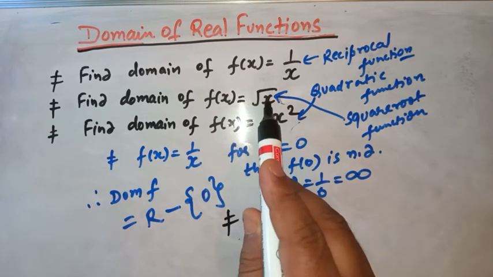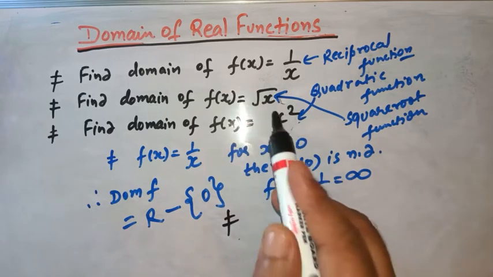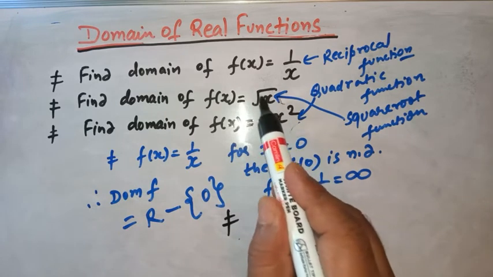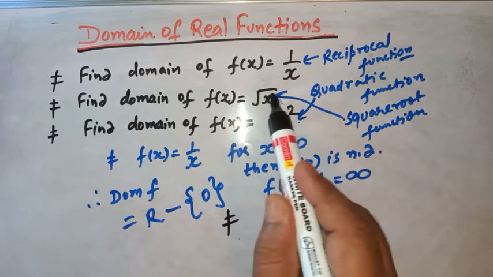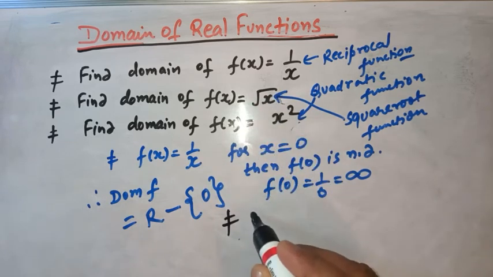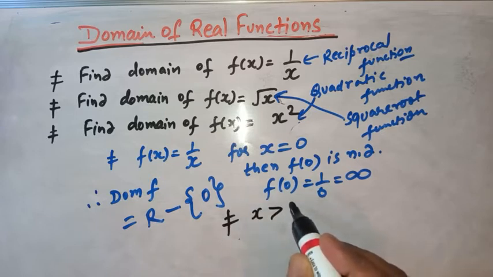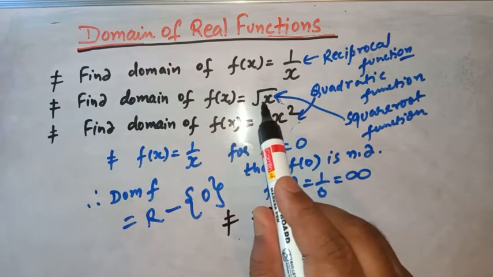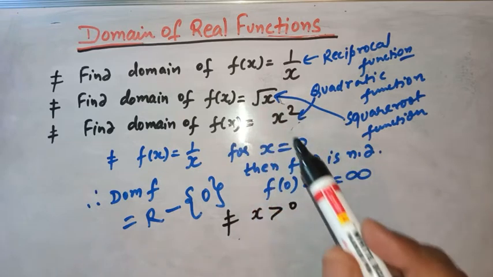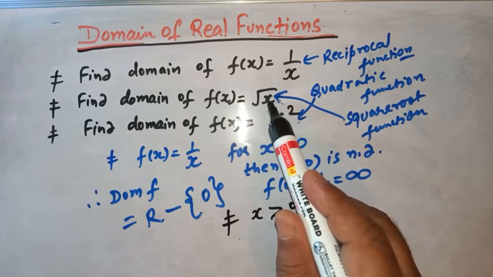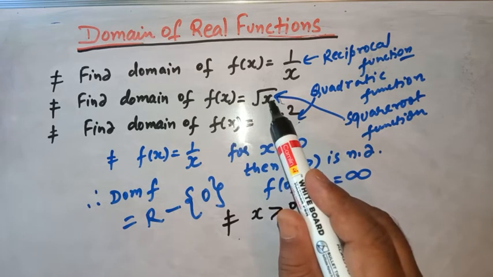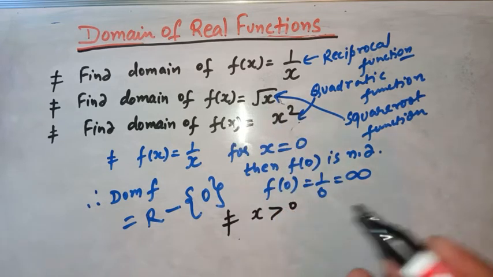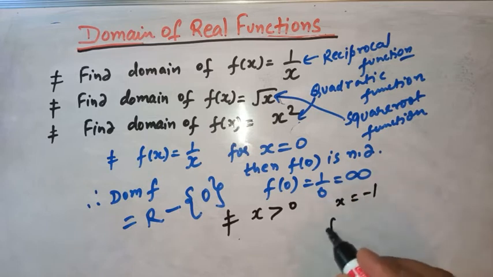Now this is the square root function. So obviously we have x inside this square root sign, so x must be greater than or equal to 0. Clear? Inside the square root sign, those values of x are not valid which are negative. Because say if x becomes minus 1, then what is f of minus 1?